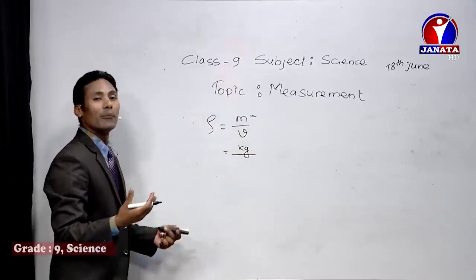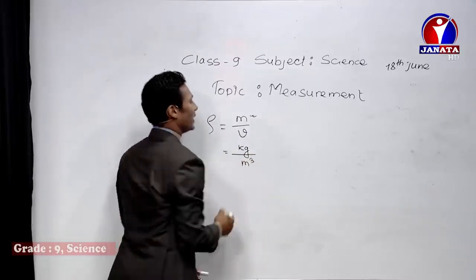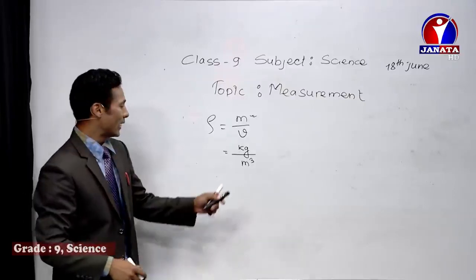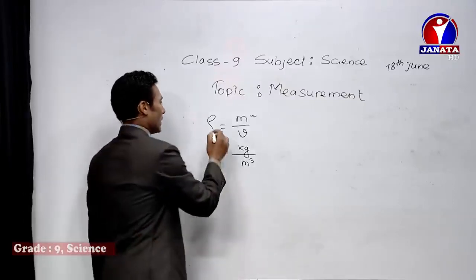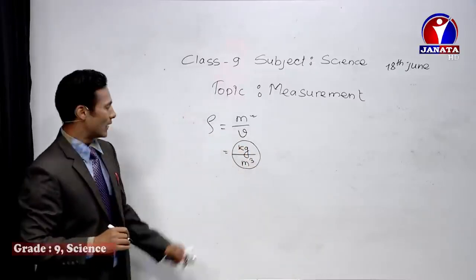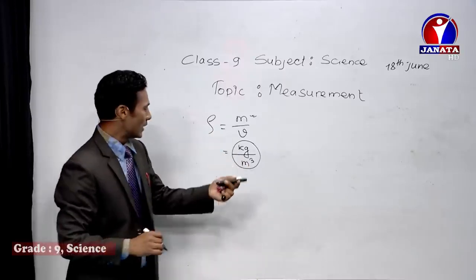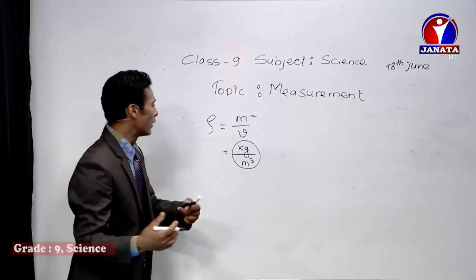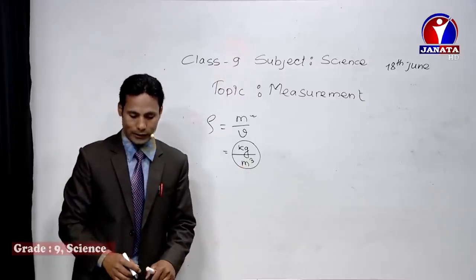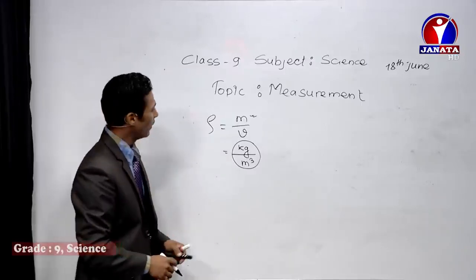That is meter cube, the SI unit. The formula is L into B into H, and all three quantities are distances. That's why it's meter cube. So the density unit is kg per meter cube, and it can be expressed in terms of kg, the unit of mass, and meter, the unit of length. So the unit of density is called a derived unit. So these are about derived units and fundamental units.